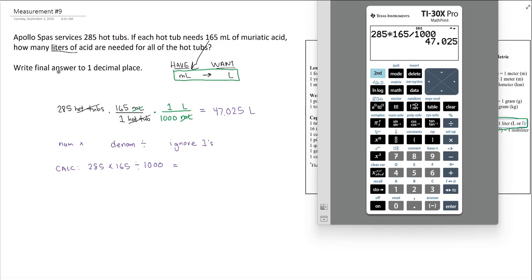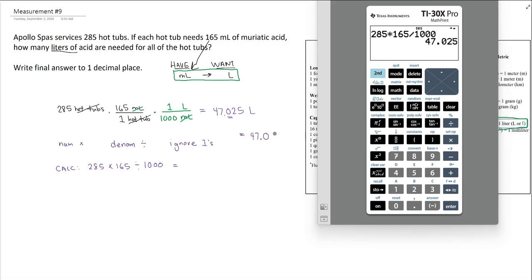Now at this point, we want to round as requested. In this case, it asks for 1 decimal point. So I'm going to round that to 47 point, and my 10th place or my 1 decimal place is a 0 because behind it is a 2.